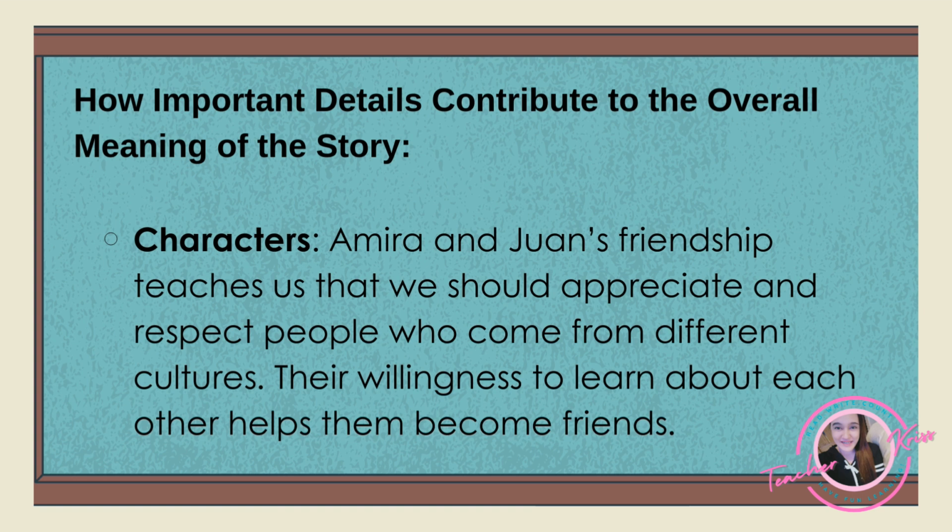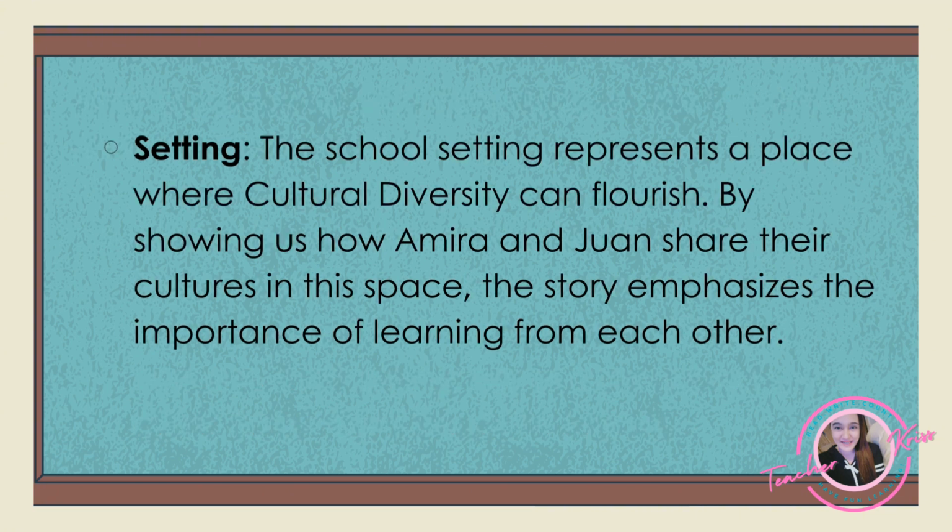So, in this case, characters, Amira and Juan's friendship teaches us that we should appreciate and respect people who come from different cultures. Their willingness to learn about each other helps them become friends. About the setting, the school setting represents a place where cultural diversity can flourish by showing us how Amira and Juan share their cultures in this space.